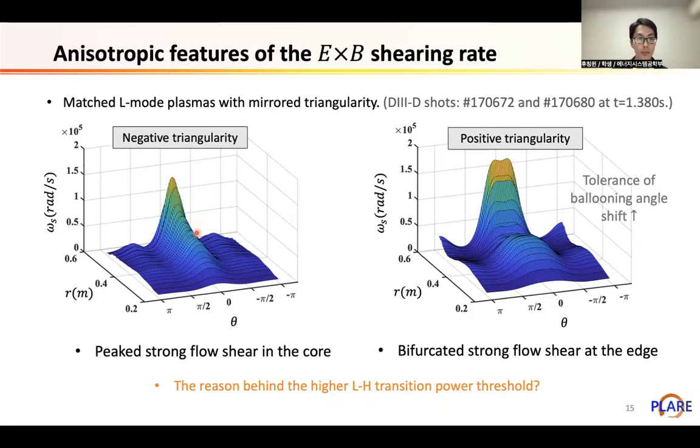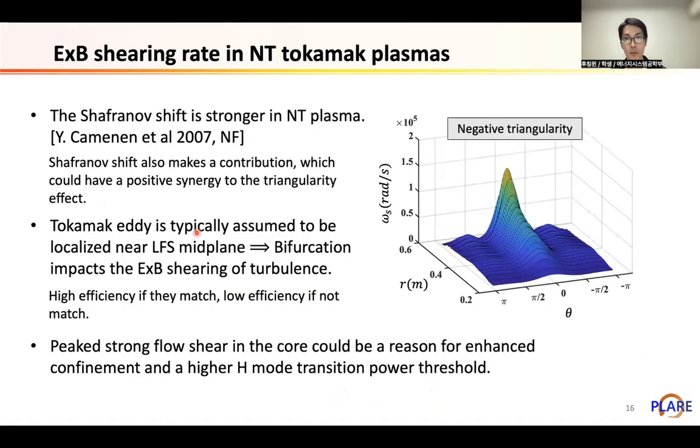For discussion of the flow shear in NT plasma, it has been reported that the Shafranov shift is stronger in NT plasma, and we find that the Shafranov shift has a synergy with triangularity.